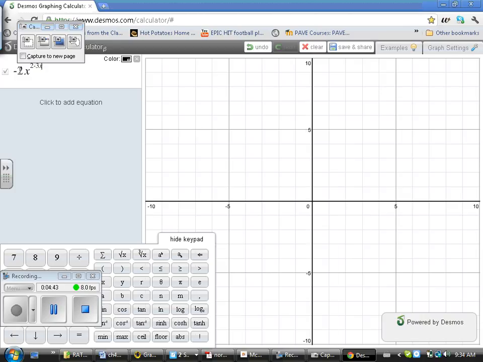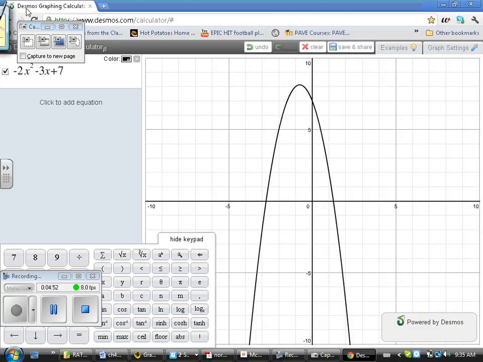All right. So I just want to find my roots. I don't really have to zoom in too much because it'll actually give it to me. So negative 2.766 and 1.266.